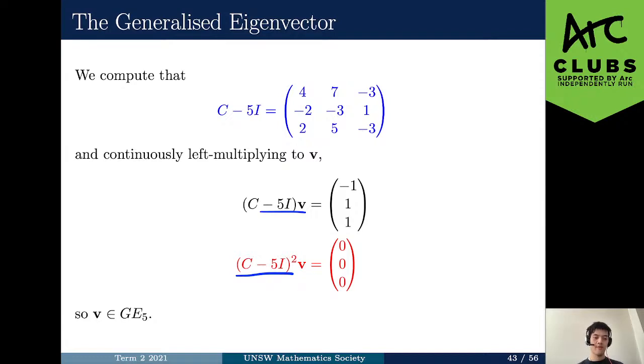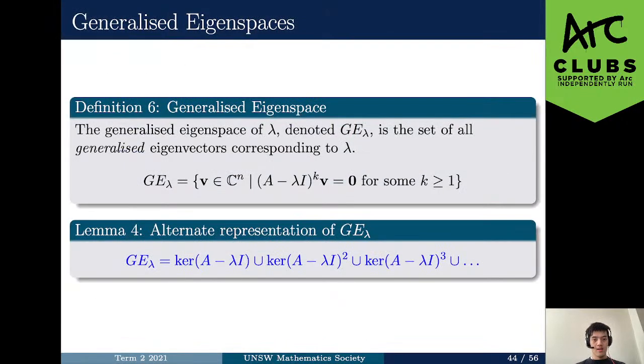And so like earlier we have the eigenspace for an eigenvalue. Here we have a generalized eigenspace. So we say here V is a generalized eigenvector with an eigenvalue of 5. That's what we have here. So the generalized eigenspace is the set of all generalized eigenvectors.